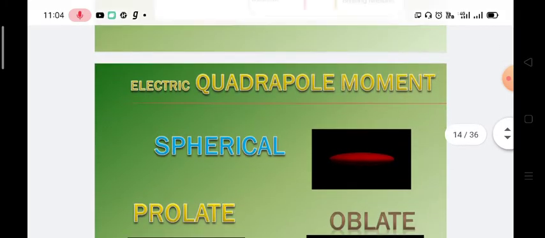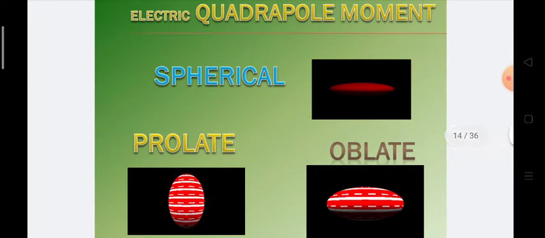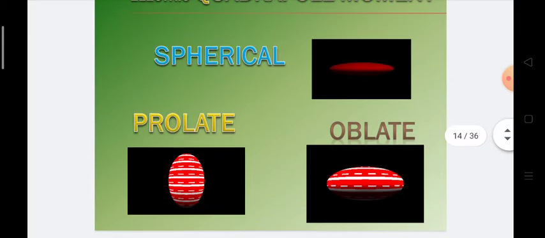Electric quadrupole moment. Electric quadrupole moment is nothing but the deviation from the spherical symmetry expressed in terms of a quantity known as electric quadrupole moment. Usually we all assume the nucleus to be spherical shaped, but due to this spin value, due to this dipole moment value, the shape of the nucleus is not a sphere, but it will have different shapes depending upon the total protons and total neutrons existing inside a nucleus.